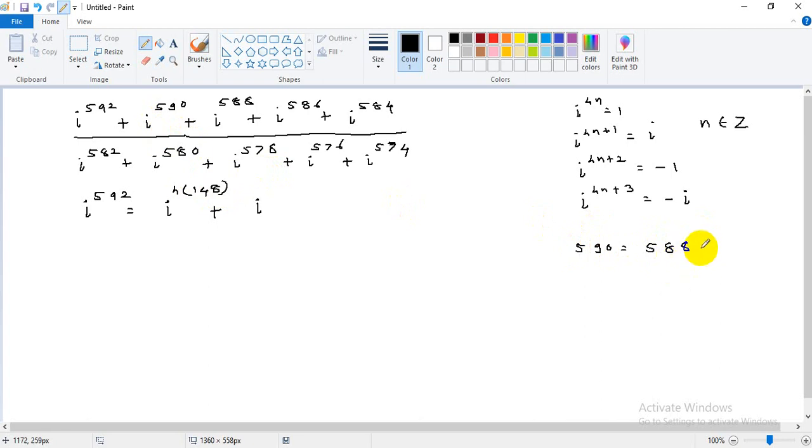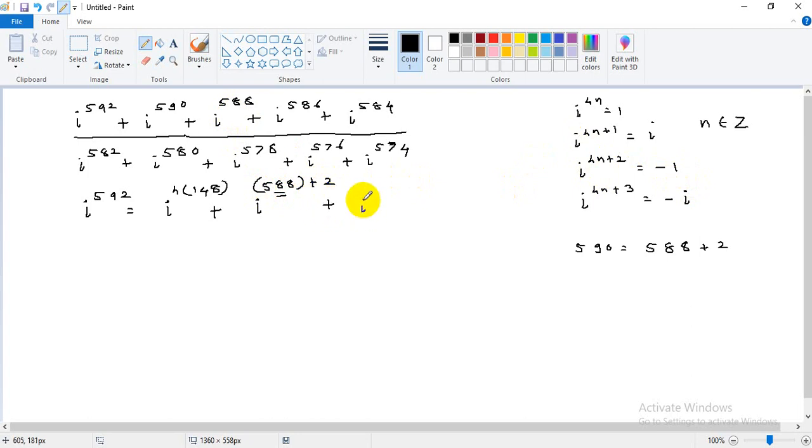So it is 588 plus 2. You can write it in this way, 588 plus 2. And as 588 is of the type 4n, I can use the rule that i raised to 4n plus 2 is -1. This way all these things are to be managed.